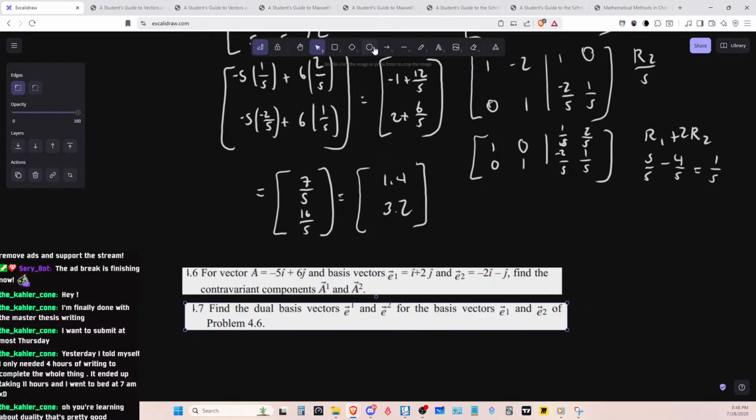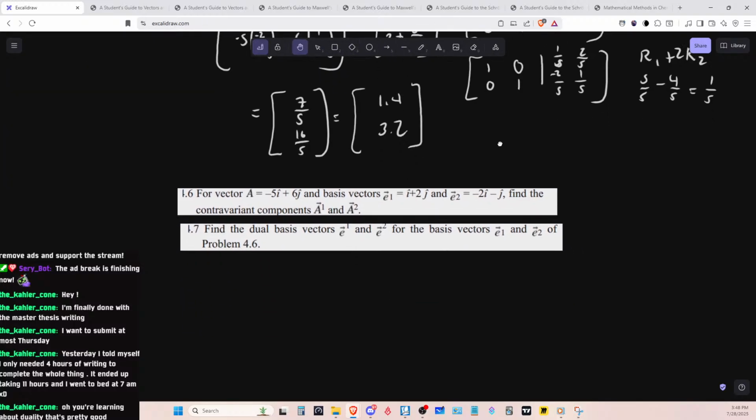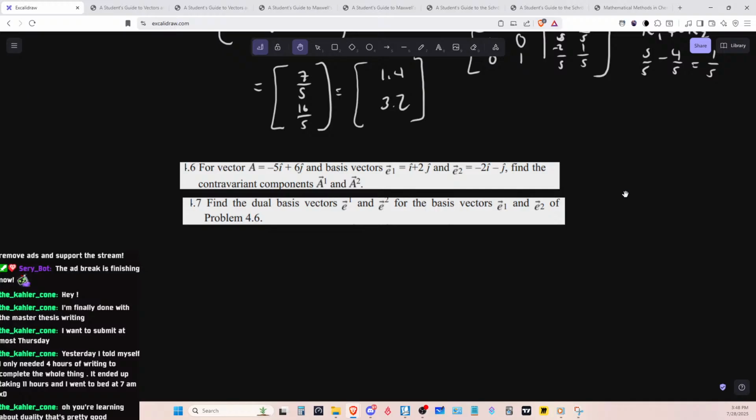Okay. Alright, find the dual basis vectors. So they want us to find the contravariant basis components. Okay.